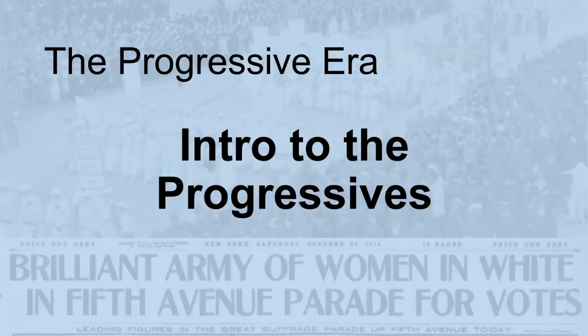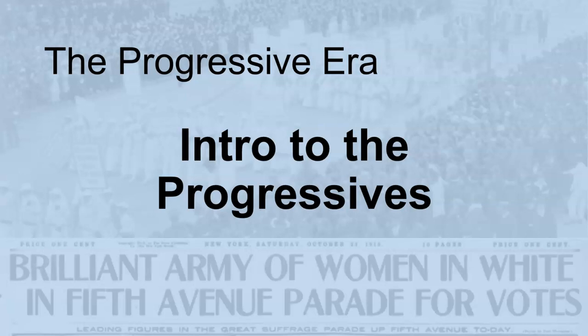By this point, you should be done with the unit on the Gilded Age. In that unit, one of the themes that ran through every single course of study was the idea that the Gilded Age had a lot of problems: social problems, economic problems, political problems. There was corruption. And as you went through the period from 1865 to 1900, these things were becoming apparent to just about everyone.